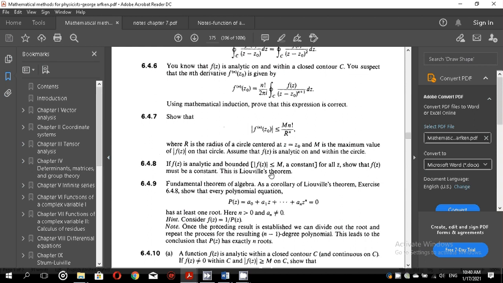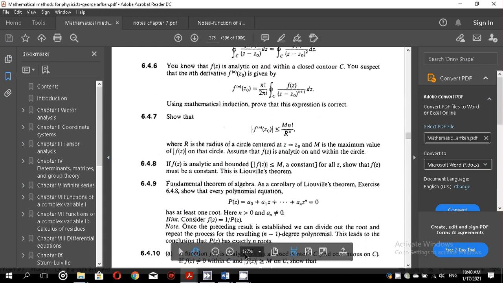Now this is the statement of Liouville's theorem. So please try to digest this statement. We are given that f of z is analytic and bounded for all z, that is for the whole entire complex plane. Now this is only possible if the function f of z is a constant.